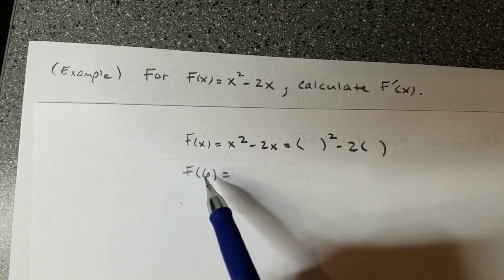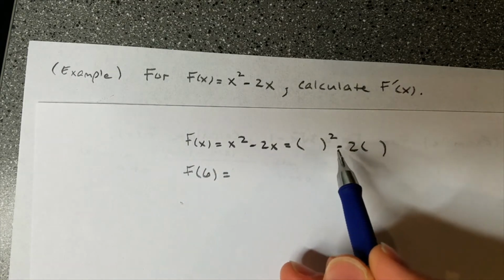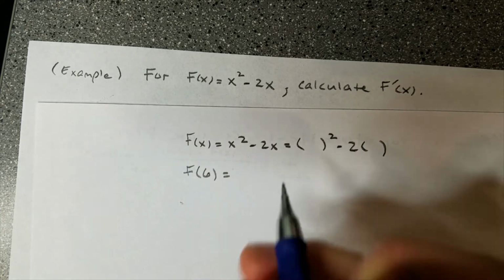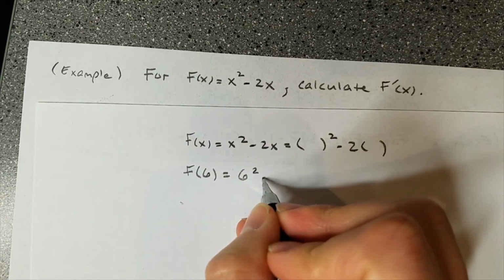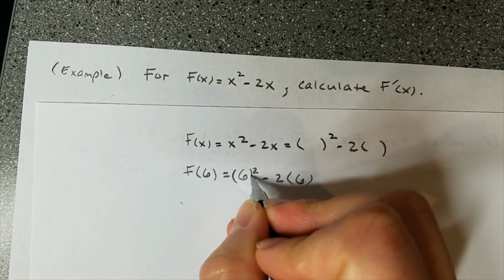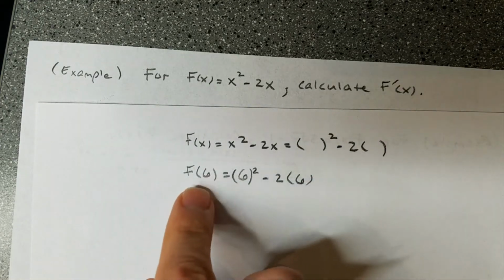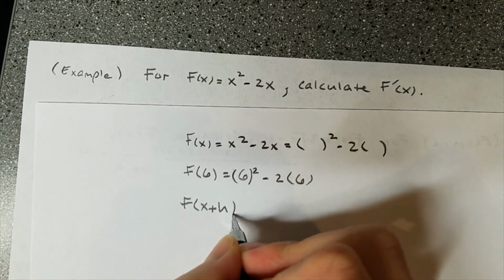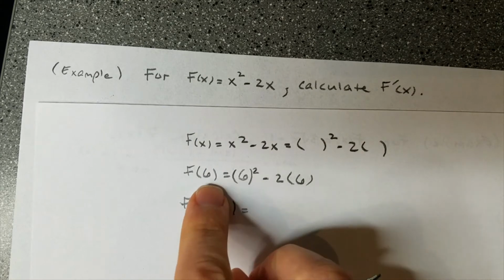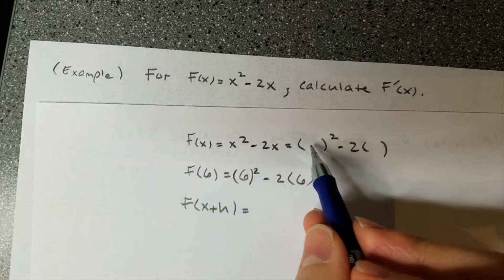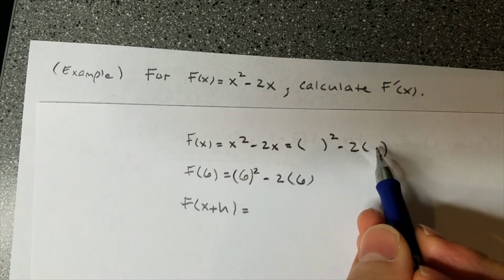I'll put that to be empty and that to be empty because that's where you plug stuff in. So if I was going to plug 6 in, I would say 6 squared minus 2 times 6. That's where the input goes, if the input is 6. So 6 squared minus 2 times 6, right? And then you do the math. Now, I'm here to say right now that f of x plus h is no different than f of 6. x plus h is the input. It goes where the input is supposed to go.